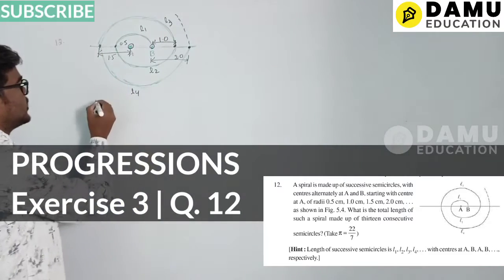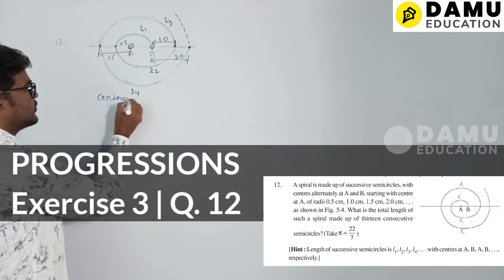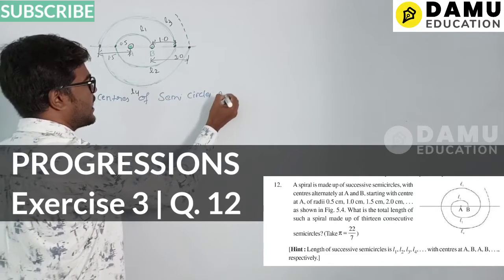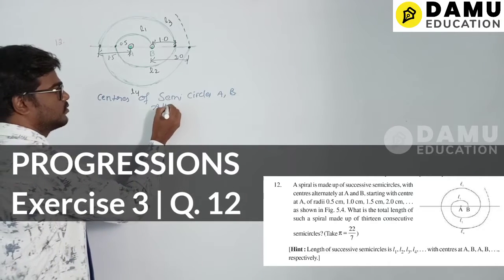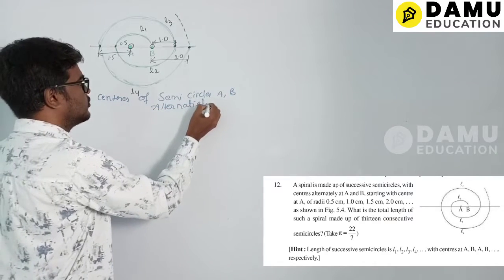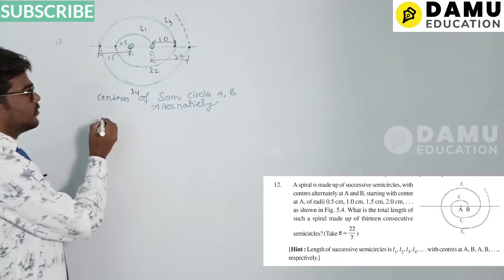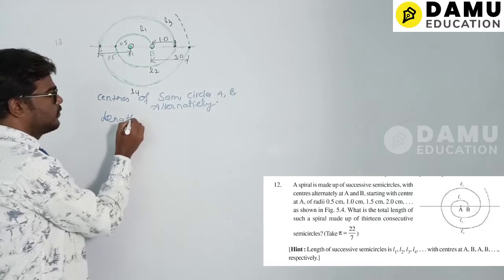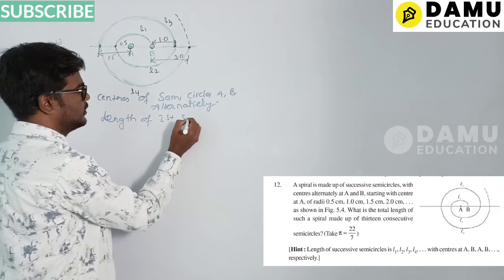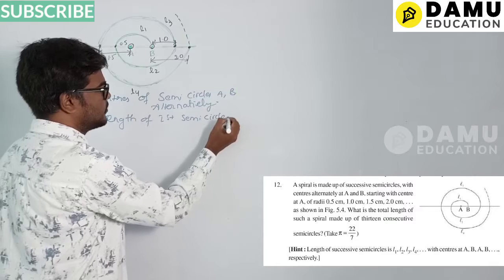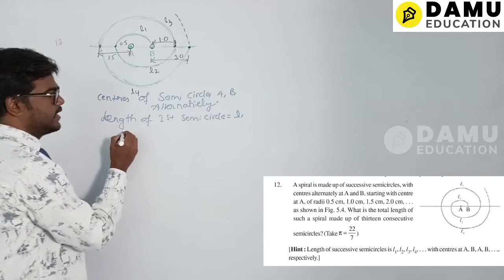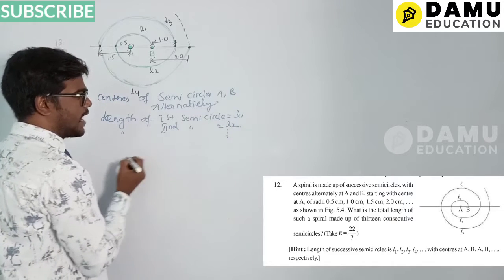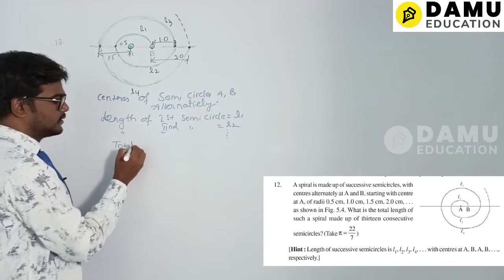The centers of the semicircles are A and B alternatively. The length of the first semicircle is L1, and the length of the second semicircle will be L2, and so on, up to the total number of semicircles.